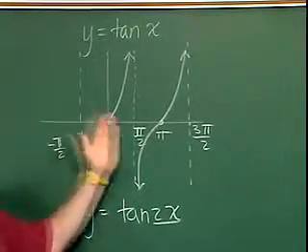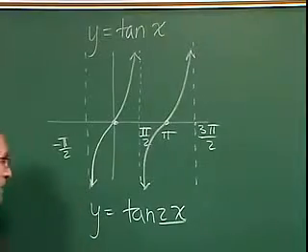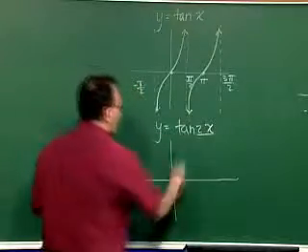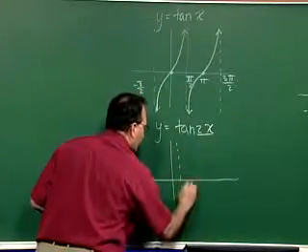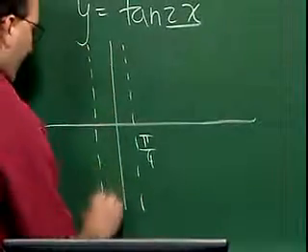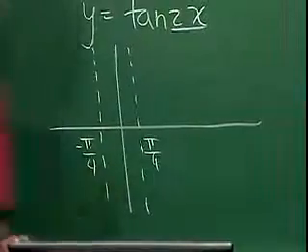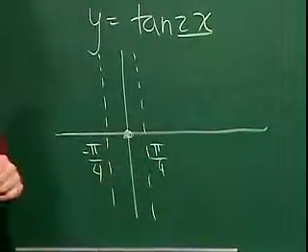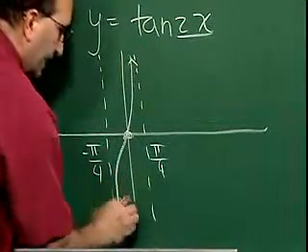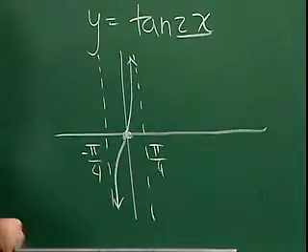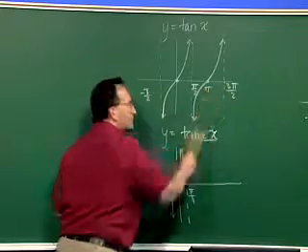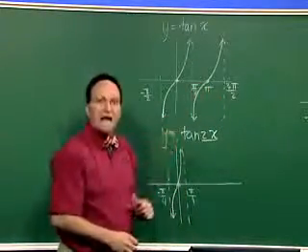So instead of trying to draw it on there because I'll have so many lines, let me redraw the tangent of 2x here. So at pi over 4, we will have a vertical asymptote. At negative pi over 4, we will have a vertical asymptote. It will still go through 0. So here I have one complete cycle, and let me draw one more cycle, which is to say that this point on the original tangent curve, which is at pi, would now be pi over 2.